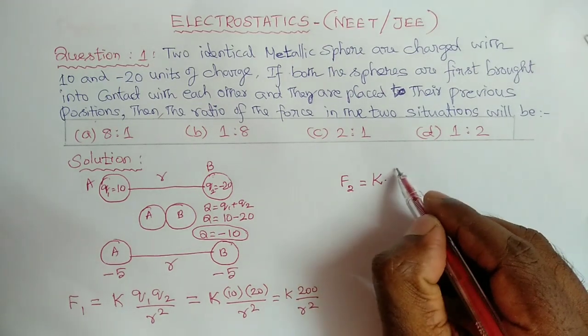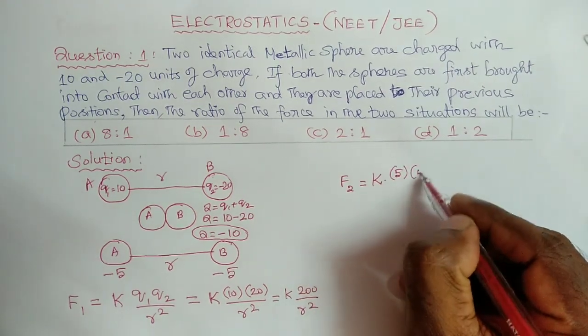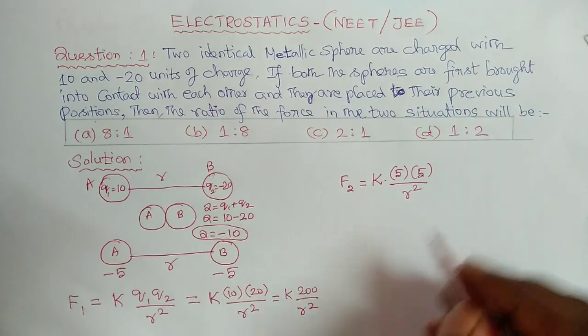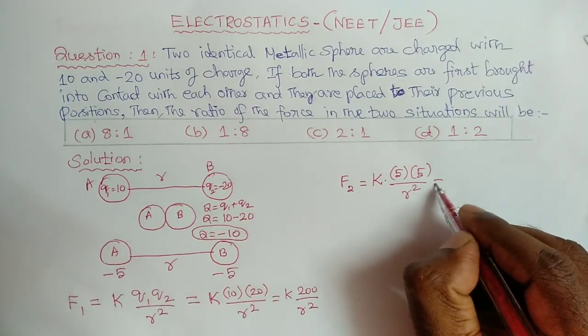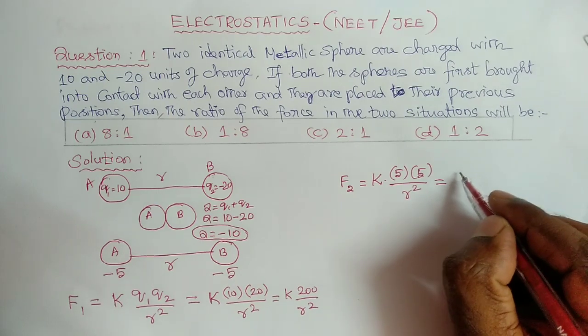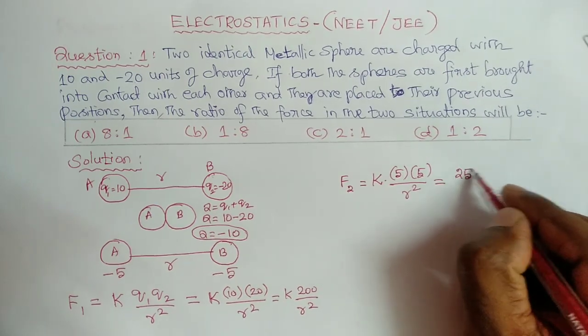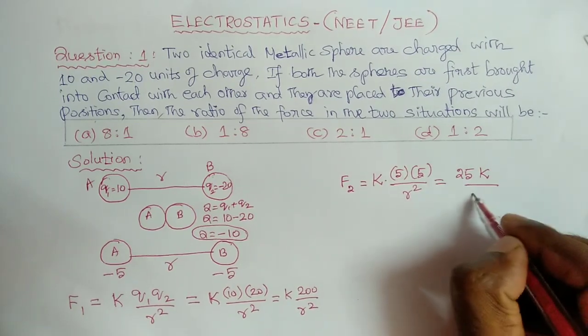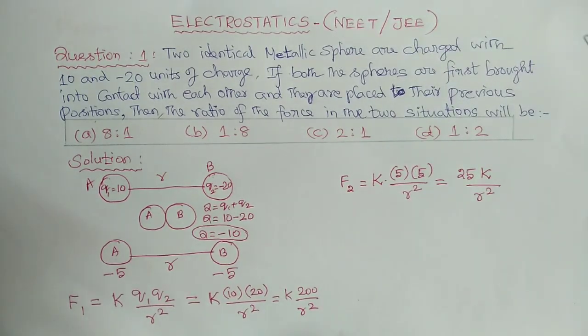So here 5 into 5 divided by R square. So now we get 5 into 5, 25 times K divided by R square.